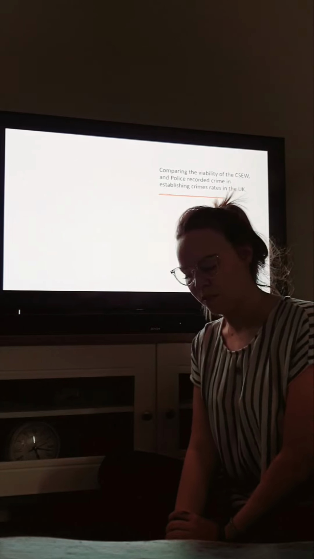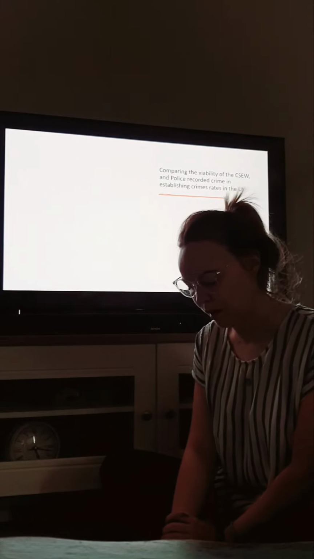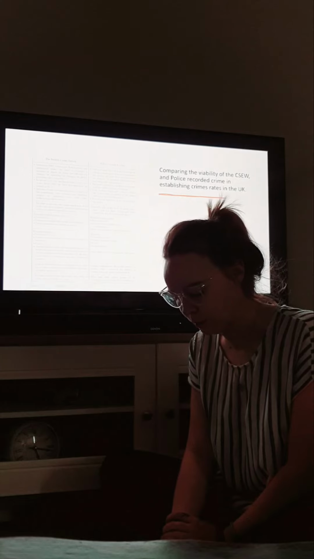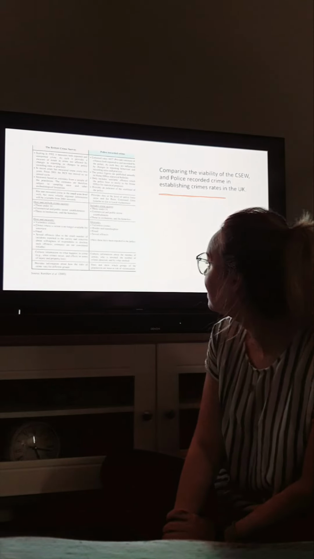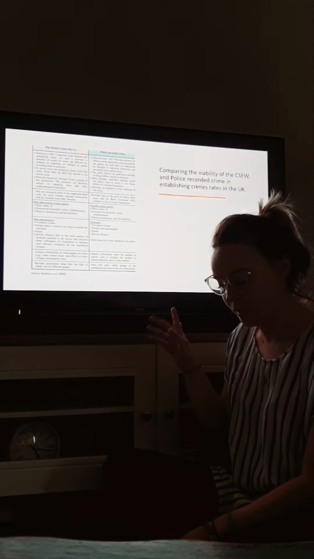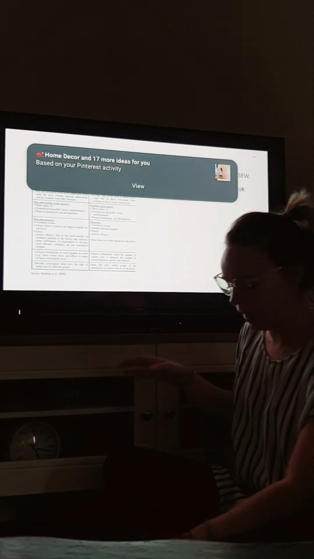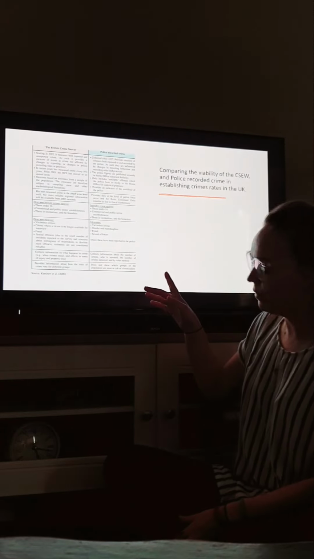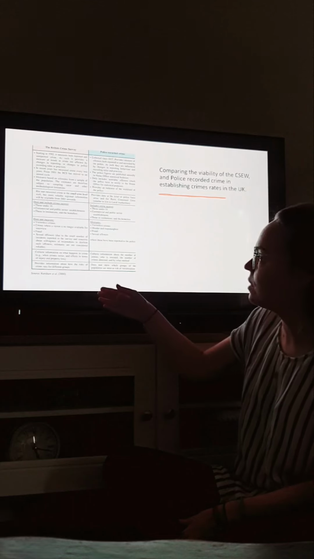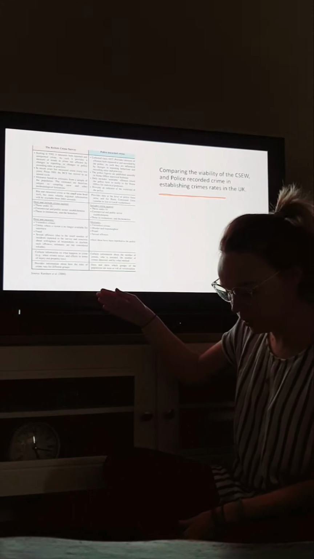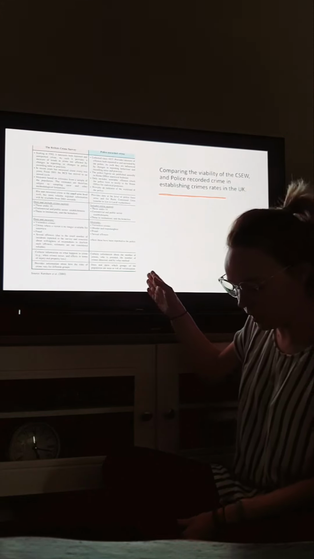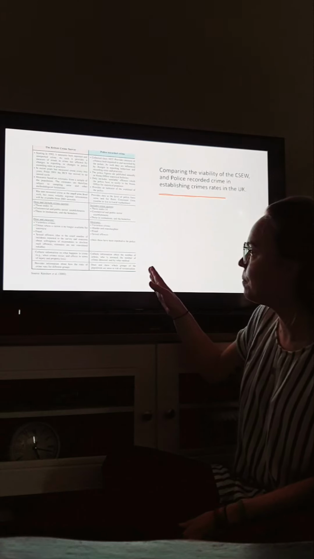Comparing the viability of the CSEW and police recorded crime in establishing crime rates in the UK. So I've attached a table here. One side is the CSEW, and the other side is police recorded crime.